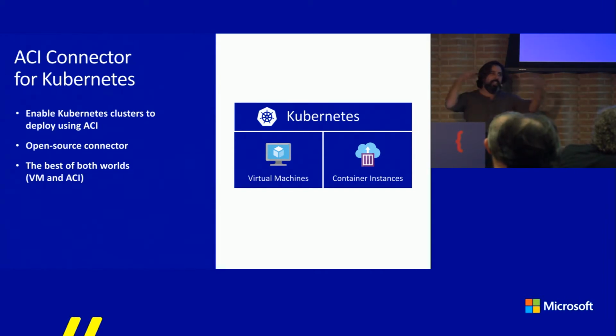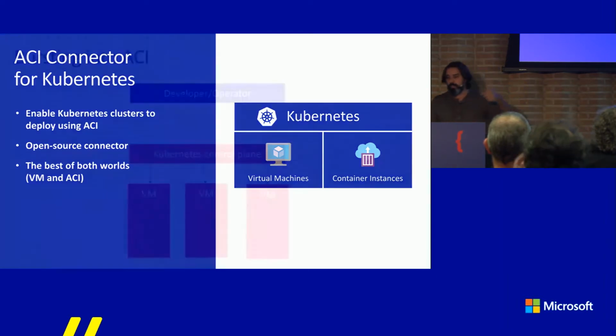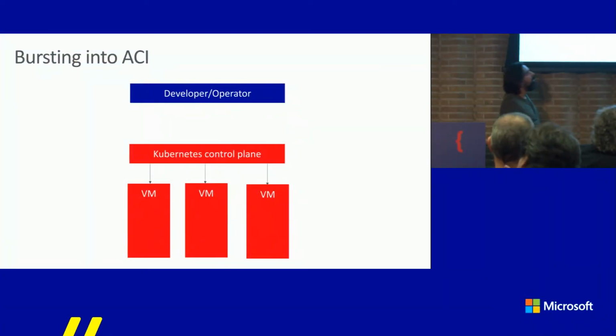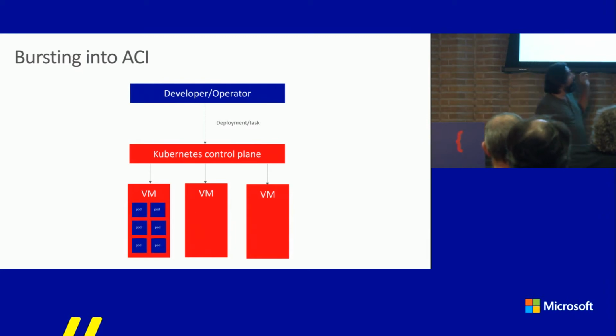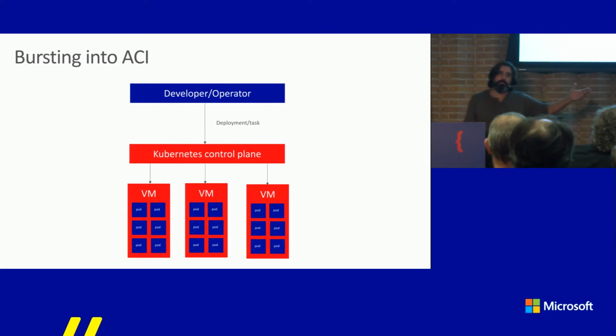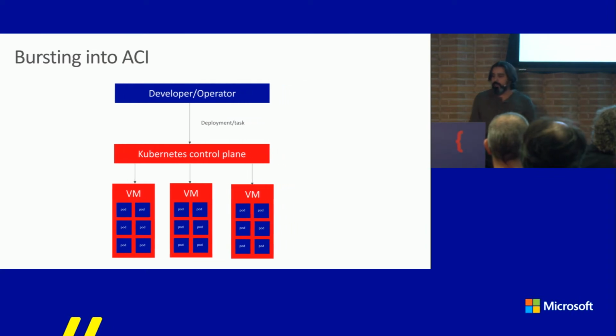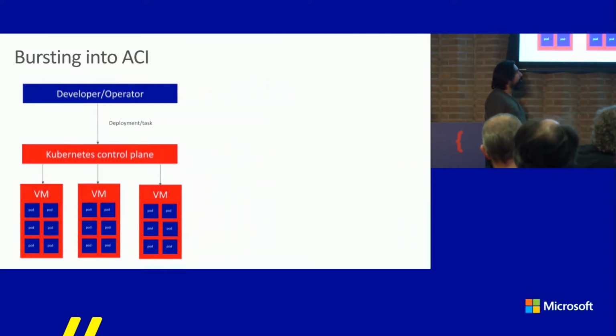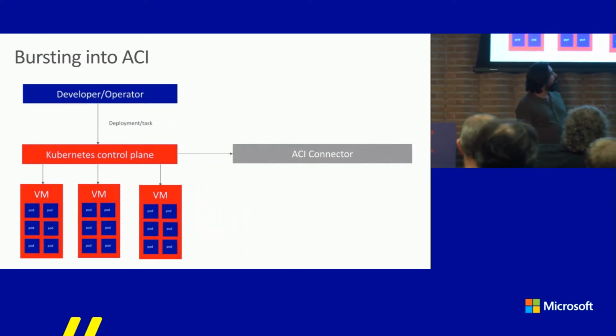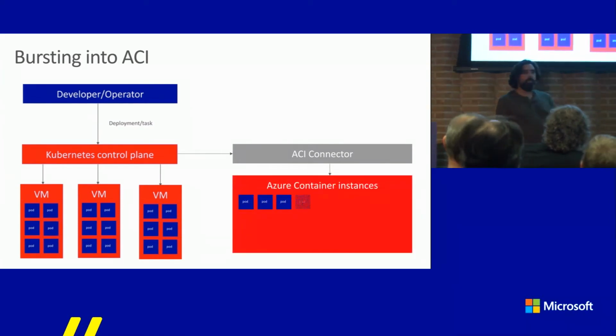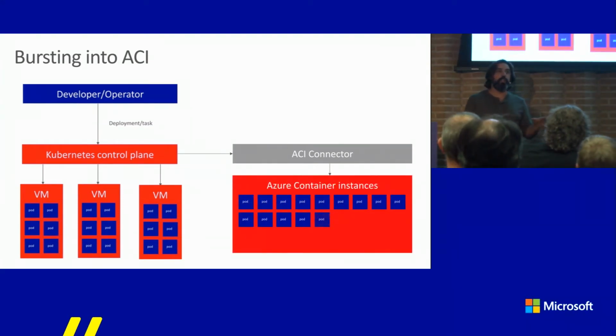Kubernetes is a great orchestrator, but you still have to manage VMs. And what if you could just use ACI to, for example, burst workloads into ACI? So let's say you fill up your VMs and you don't want or can't spin up more VMs, then you can just use the ACI connector to extend the Kubernetes cluster into ACI.